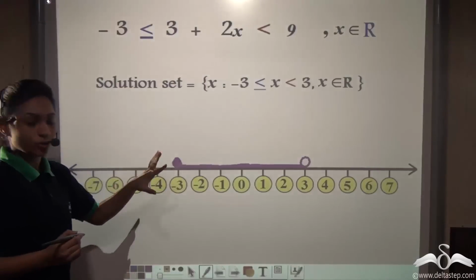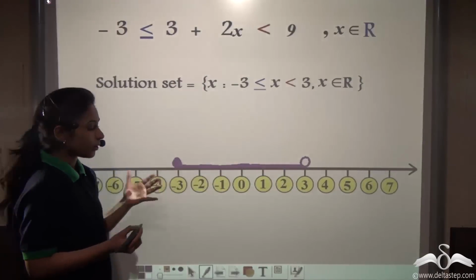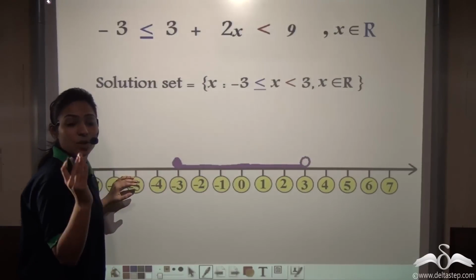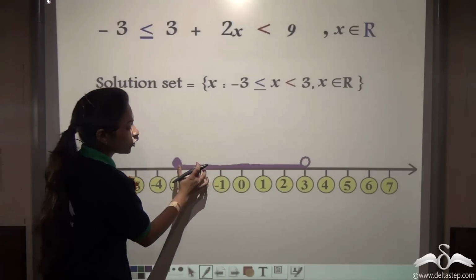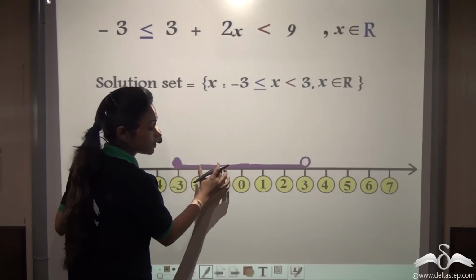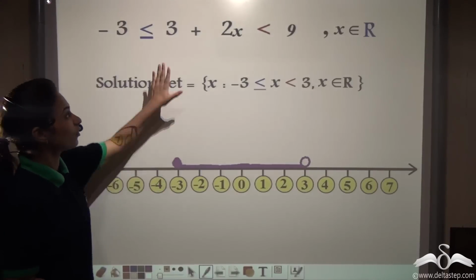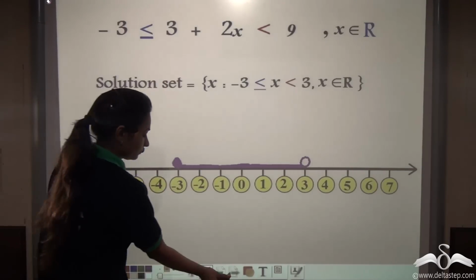Well, here x belongs to real numbers, that is why we are coloring the parts here. But if x belongs to natural numbers, or if x belongs to integers, what would you do? You just put the dots in between these numbers or on top of these numbers. So this is the solution set and the graph line for this inequation.